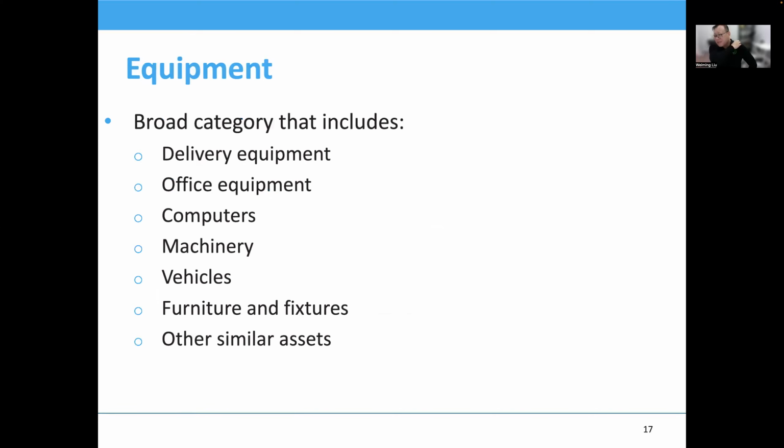Equipment. There are different categories of equipment. So you have delivery equipment, office equipment, computers, machineries, vehicles, furniture, and fixtures. Those are the broader categories of equipment.